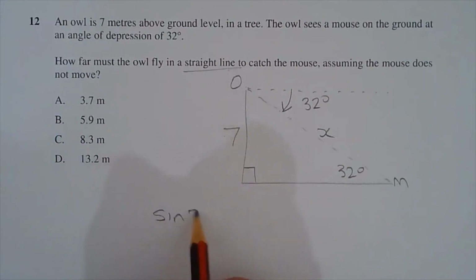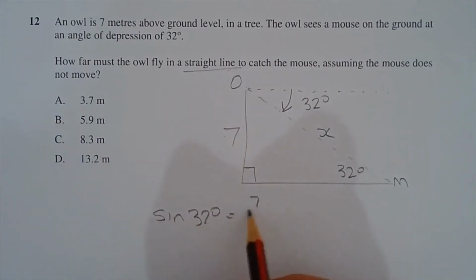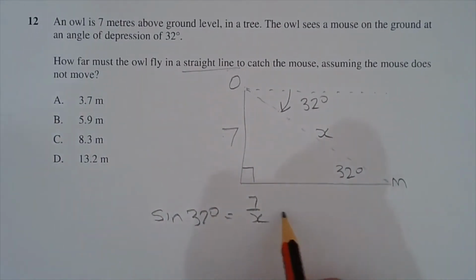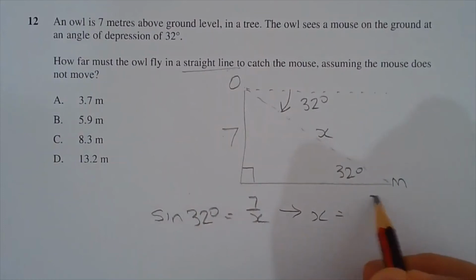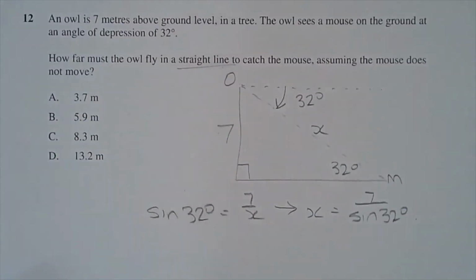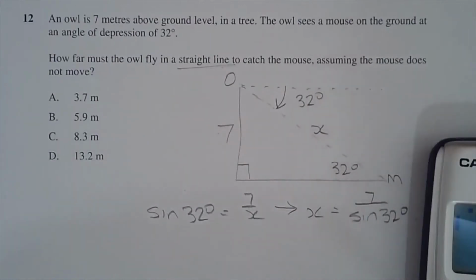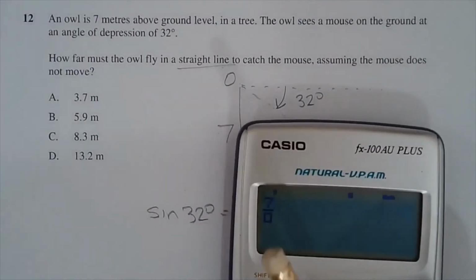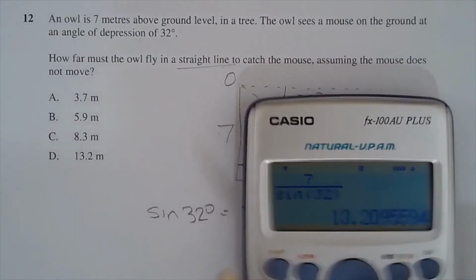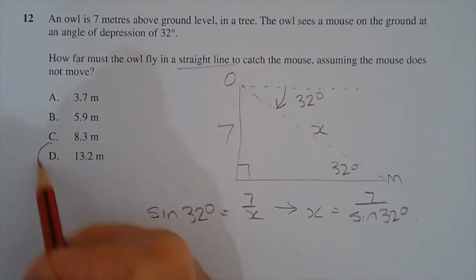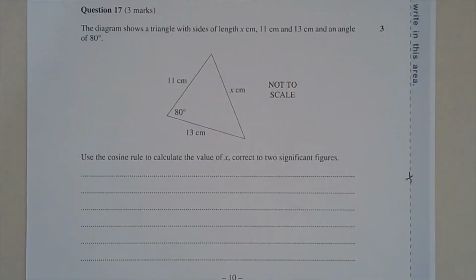So sine 32 degrees is equal to 7 over X. X is equal to 7 over sine 32, and then just enter that into your calculator. 7 over sine 32 degrees, and we get 13.2, which is option D.